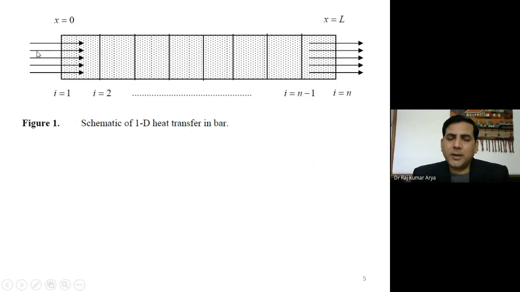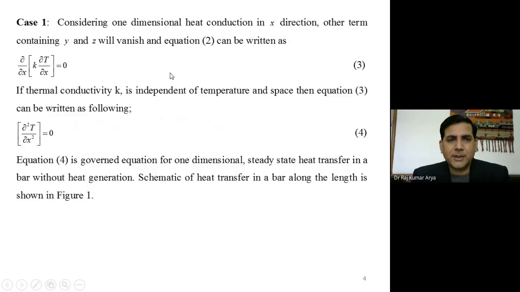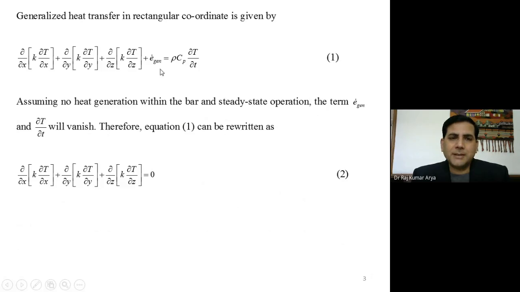The supplied heat from outside is not treated as E dot generation within the material, because you are not generating any heat within the material by any means, either by electrical heating or by chemical reaction. So for that particular region, E dot generation is also considered zero. No heat generation within the material here.